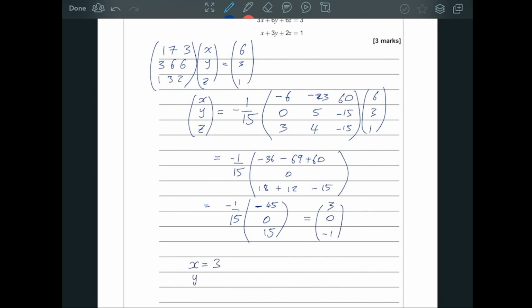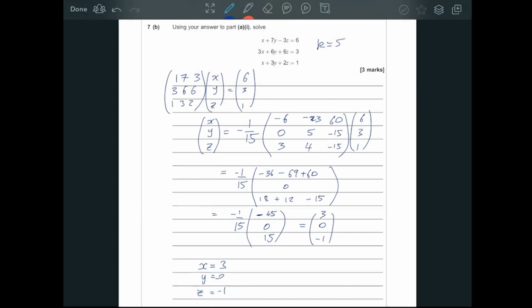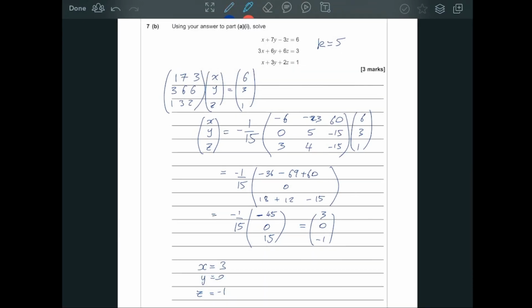Question didn't involve vectors, so let's translate it back into an original set of solutions: 3, 0, minus 1. And I am going to very quickly check that they do match in here. So 3, 0, minus 1 is plus 3, does make 6.